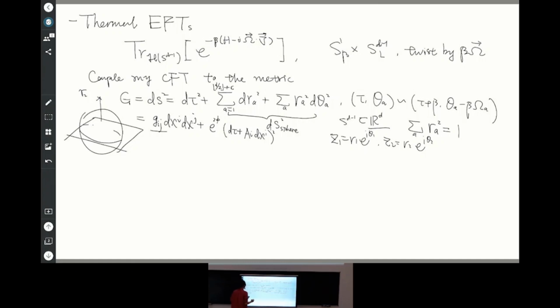So once I have a gapped quantum field theory, I can write down an effective action to capture the large distance physics.